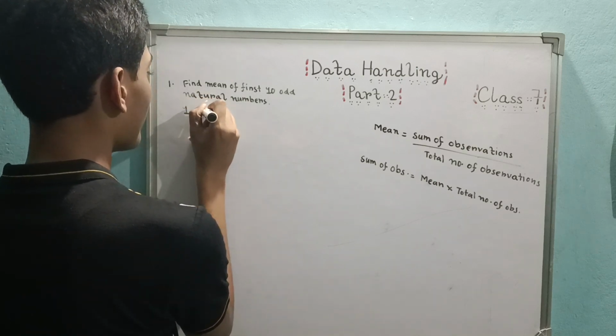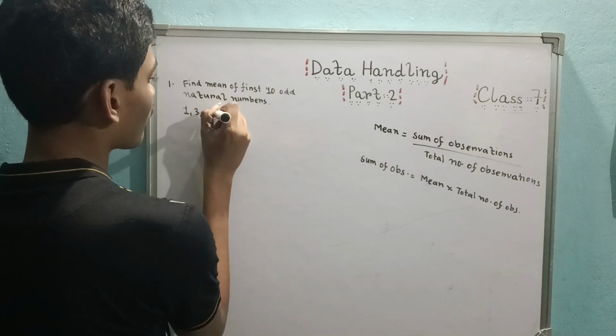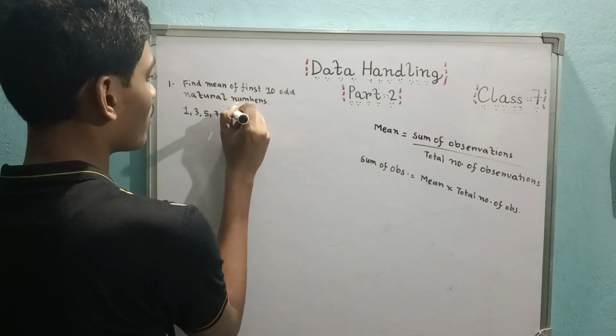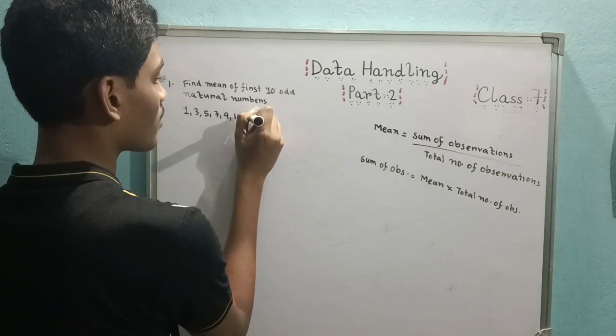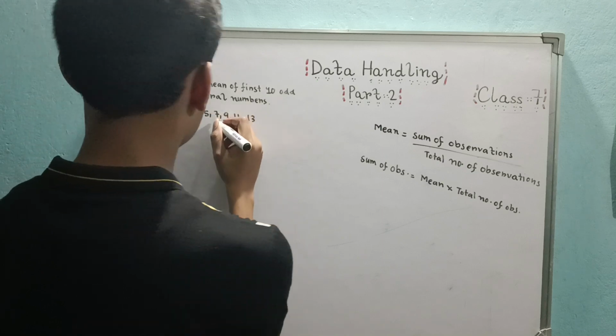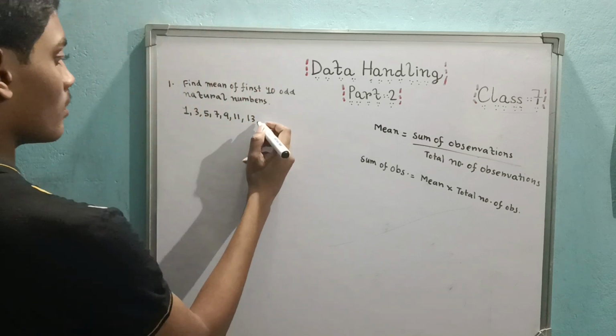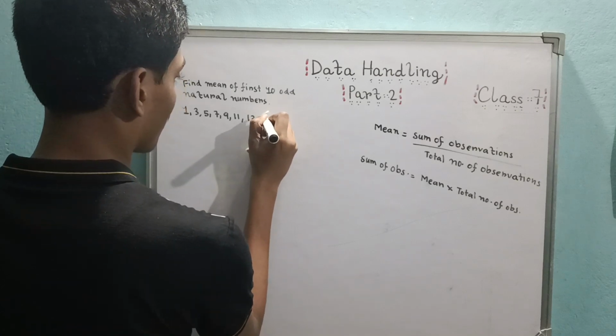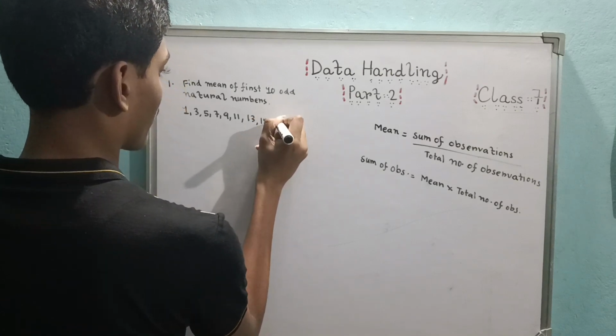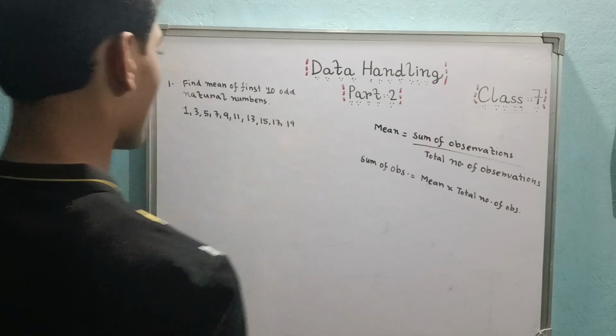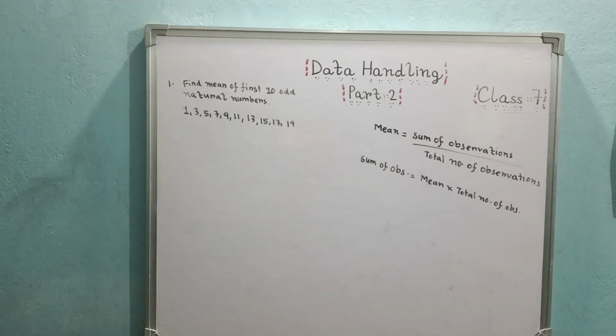So what are the first odd natural numbers? 1, 3, 5, 7, 9, 11, 13. Wait, how many? 1, 2, 3, 4, 5, 6, 7, 8, 9, 10. Yeah, so these are the first 10 odd natural numbers if I am not wrong. Mean is what?